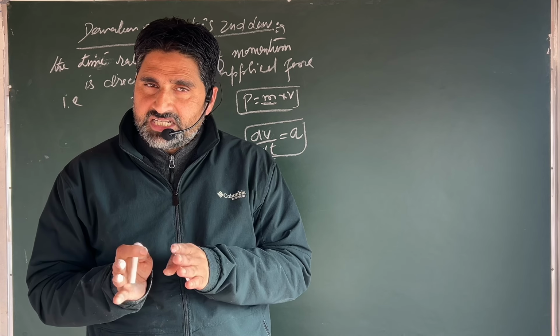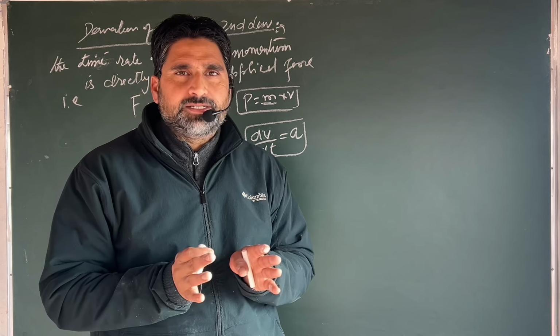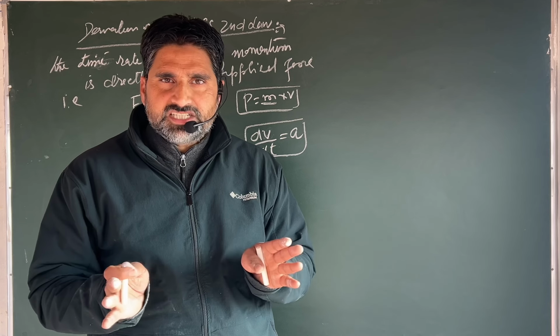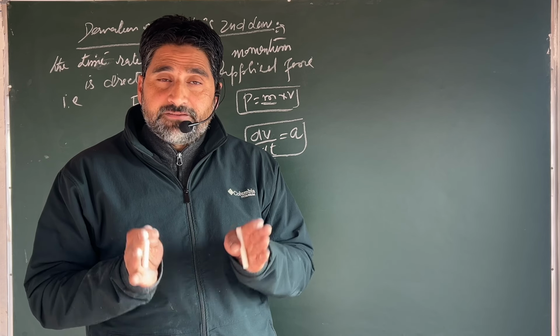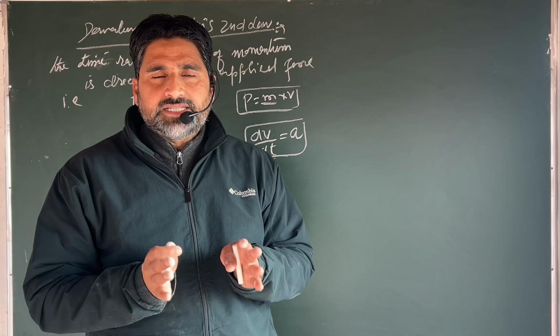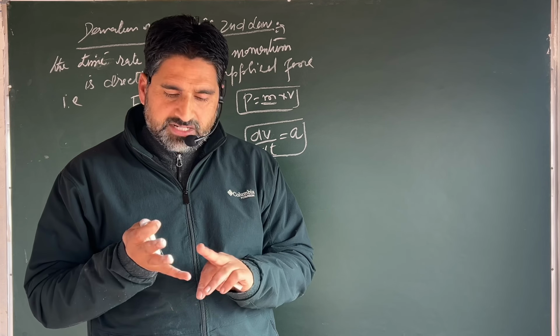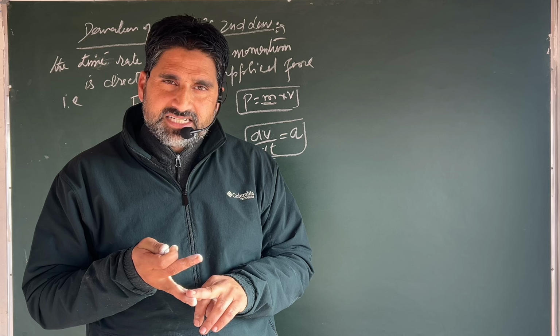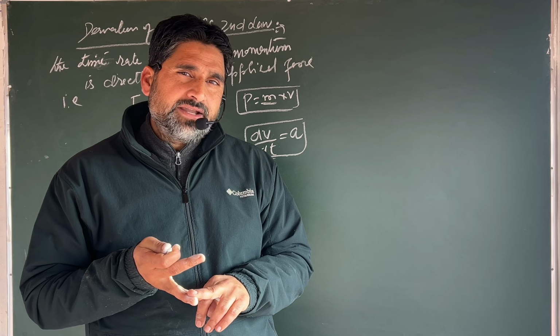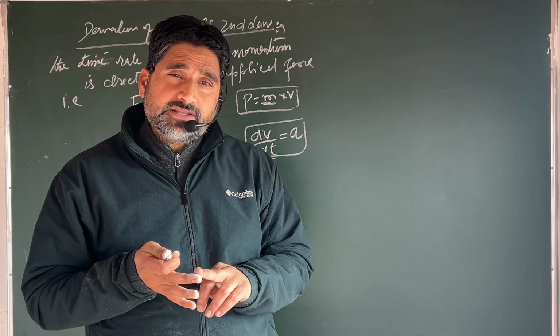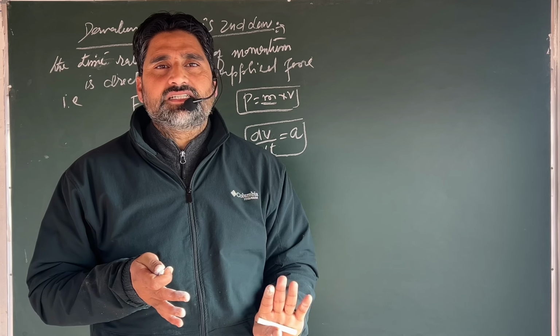When there is change in velocity, then there is acceleration. If velocity is not changing, that means the differentiation of velocity is zero. That means acceleration is zero. For constant velocity, acceleration is always zero.